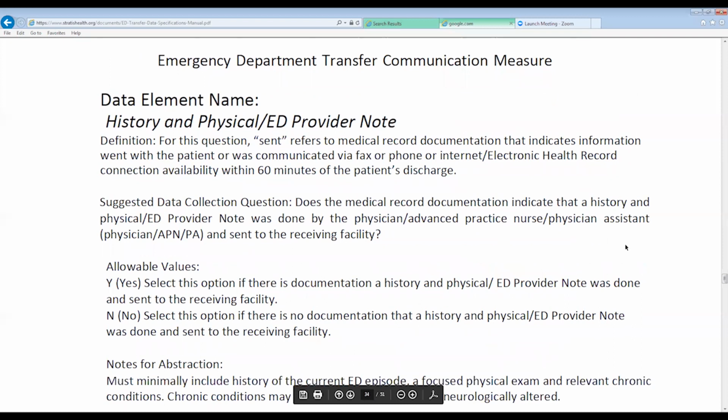Thing about this one, history and physical ED provider note, doesn't have to be a history and physical. Because I think a lot of times you don't do histories and physicals per se when the person's in the ED. So we're talking about the provider note, be it the physician or the advanced practice nurse or the physician's assistant, their note, okay?